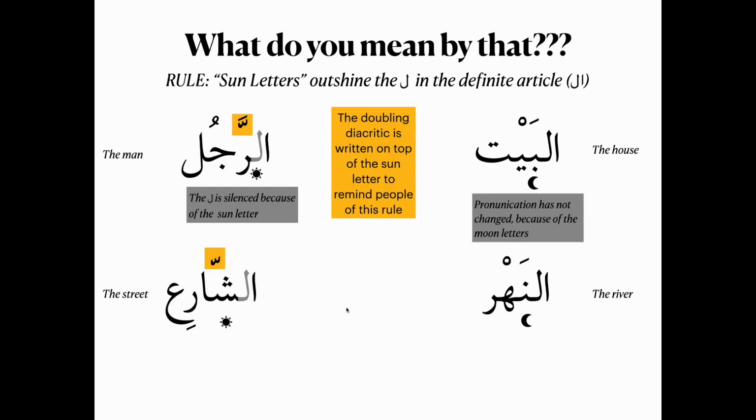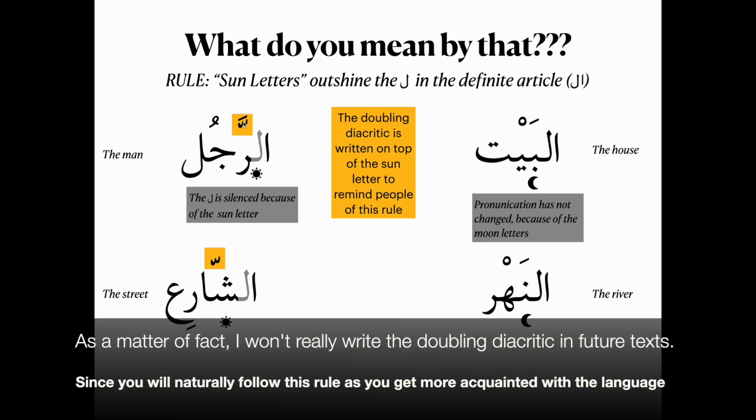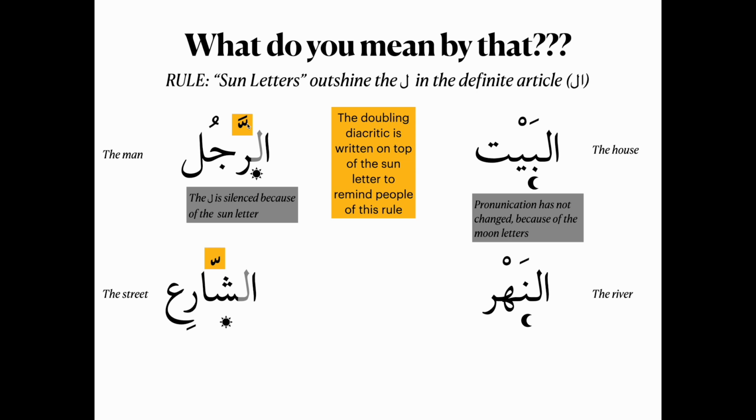This rule states that if your noun begins with a sun letter, the lam is silent, and that sun letter is doubled. This doubling diacritic you don't really need, but I wrote it so you know that this lam at the end is going to be silent.